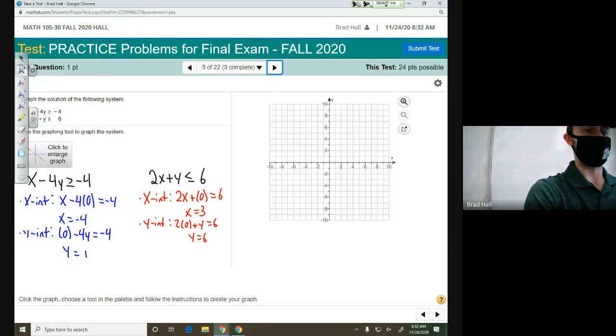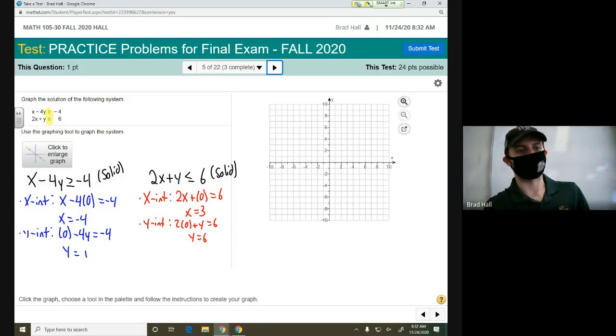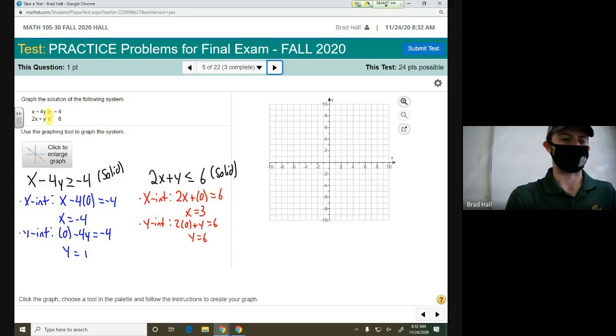And hopefully it's clear that all the lines are going to be solid, because we have an equal to component in each inequality.